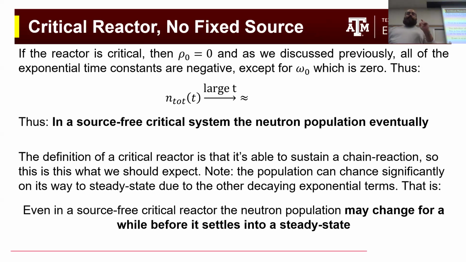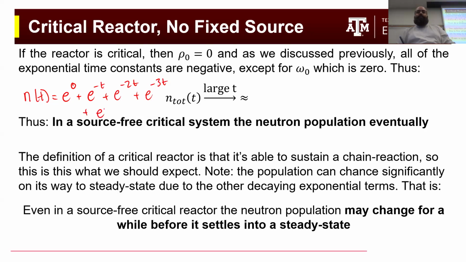Then if we consider a reactor that's critical, where rho zero is zero, that means omega zero is going to be zero. So our n of t is going to look like e to the zero plus e to the negative t. I'm just throwing in random numbers to illustrate what this looks like, making the point that all of these are negative exponentials except for the first one.